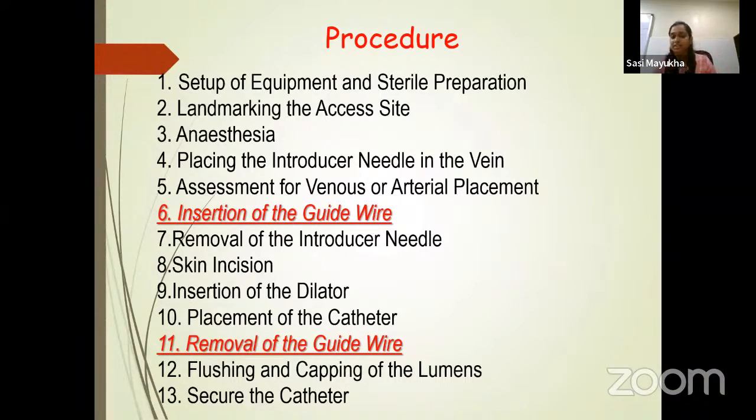In the coming slides, I'll tell you how we do an ultrasound and how we identify the vein. After we identify the vein, the introducer needle will be placed in the vein, and then you have to check whether it's venous or arterial blood. After that, you insert the guide wire, remove the needle, make a skin incision, dilate the access, and then place the catheter.